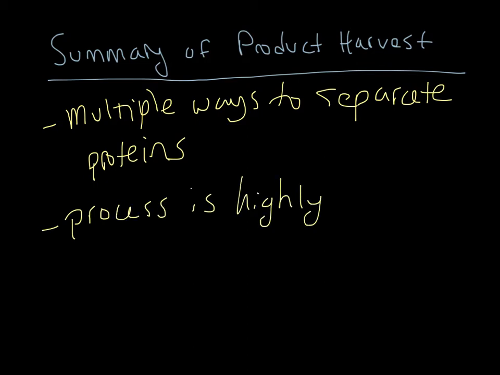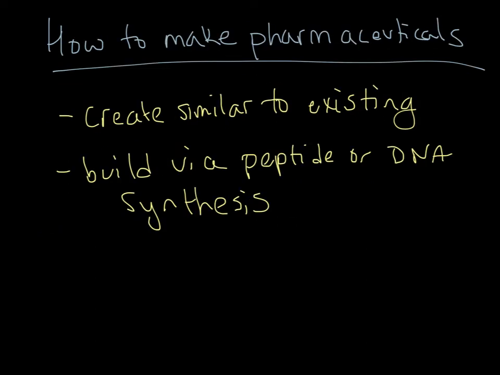You really want to get high yields, and you want to have a product that you can then give to somebody else. So that wraps up the idea of product harvest in a nutshell. Don't forget to reference your textbook and your lab manual for more examples and details.